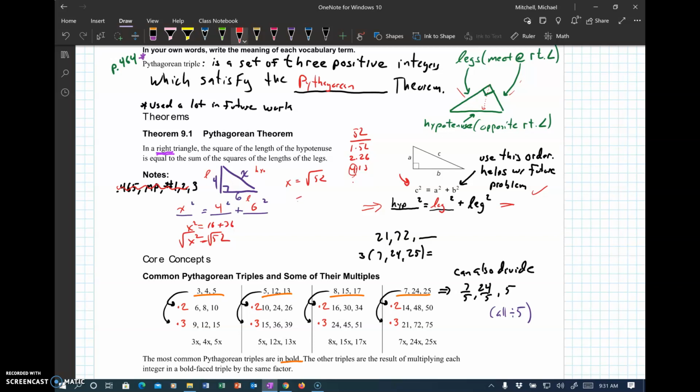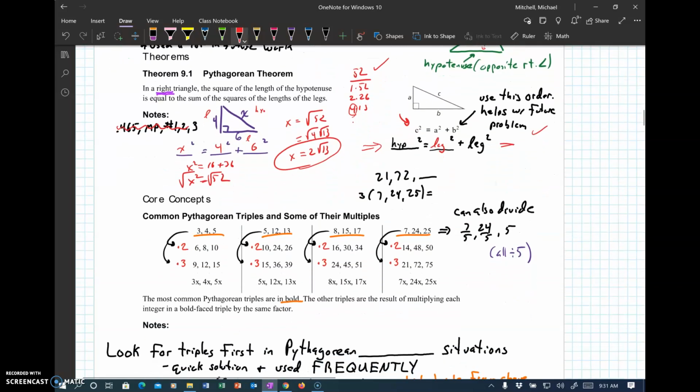I can take the square root of that. The square root of 4 is 2, so that's 2 root 13. Okay? It really comes down to knowing multiplication. If you don't know your multiplication well, practice these. I've got lots of nice little tricks for figuring out what multiplies to a number.